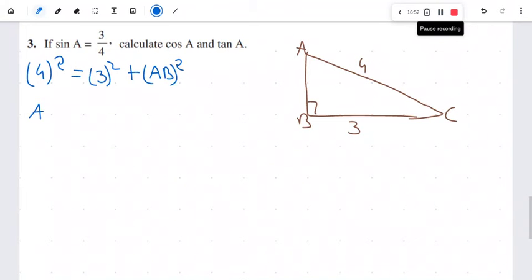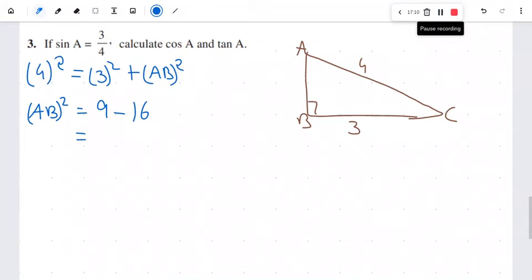Now, AB square will be equal to 3 square 9 minus 4 square, right? That is 16.